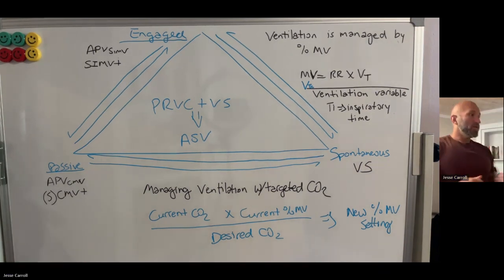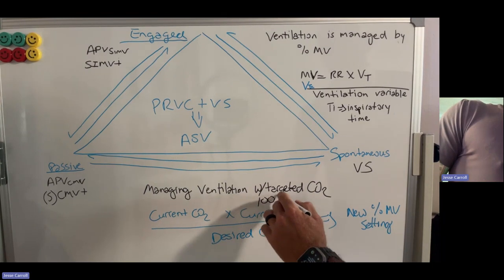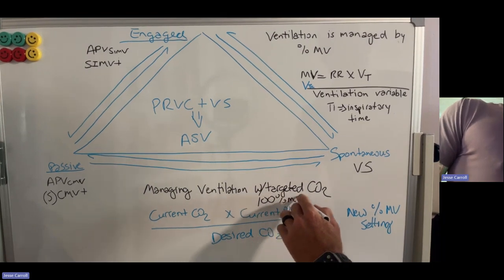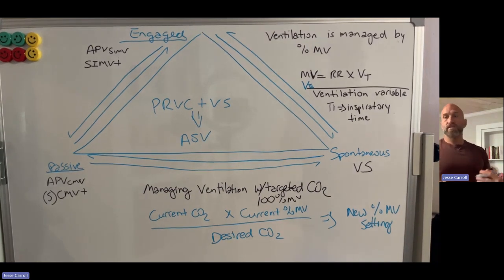Let's say we've got an intubated patient that's on ASV, and we know, as I mentioned, that we're delivering 100% minute volume to the patient. And we notice on our side stream capnography that our patient's CO2 has risen to 60. That to us in our protocol is not acceptable.